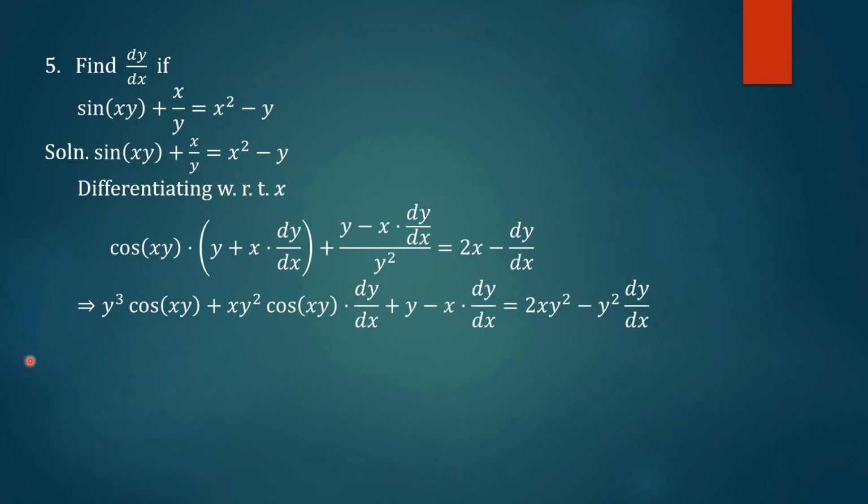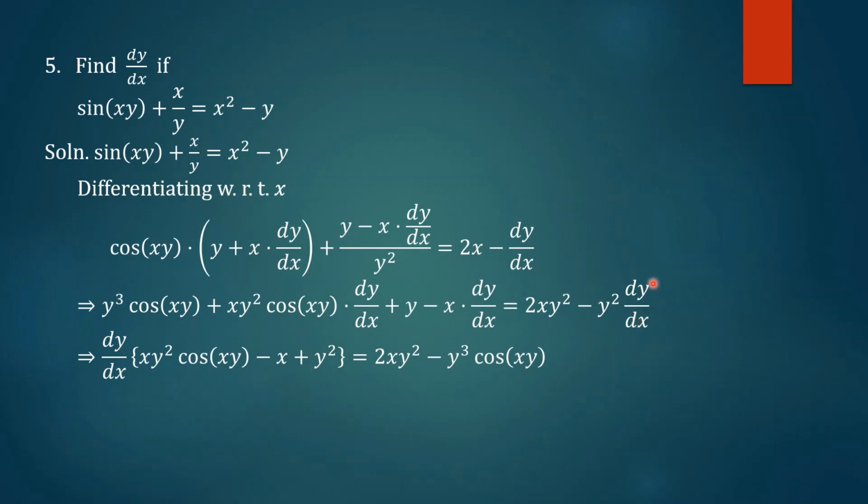So now come to the next line by taking just dy/dx common. You see this line. By dy/dx common, you see dy/dx is present in this term. Therefore inside the term xy square into cos xy we have written here. dy/dx is present in this term, so minus x is here. Then this term comes to the left hand side, we'll make it positive.